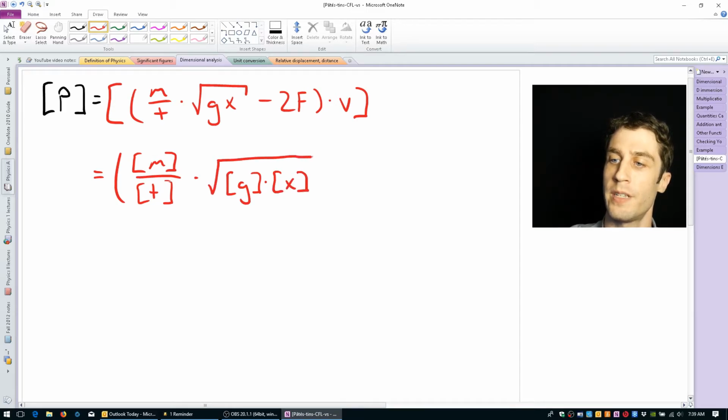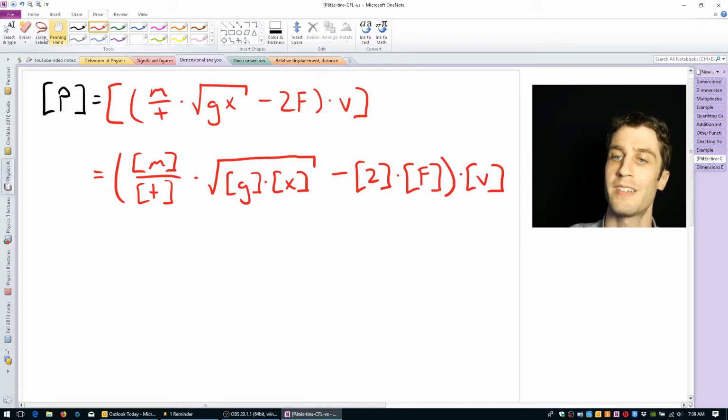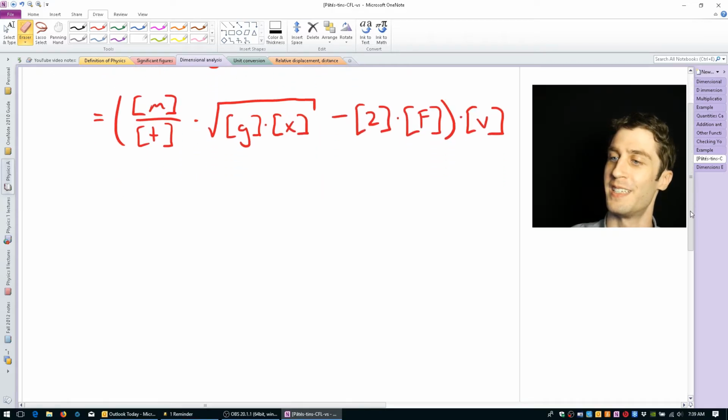So every variable now gets brackets around it. I'll put brackets around the 2. Okay, so the dimensions of power, we hope, are the dimensions of m divided by the dimensions of t times the square root of the dimensions of g times the dimensions of x minus the dimensions of 2 times the dimensions of f, times the dimensions of v.